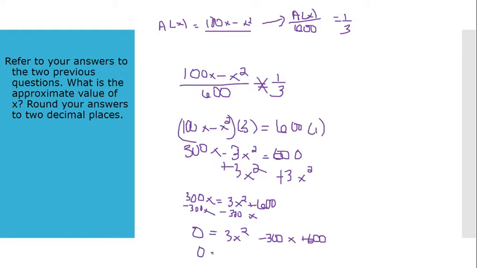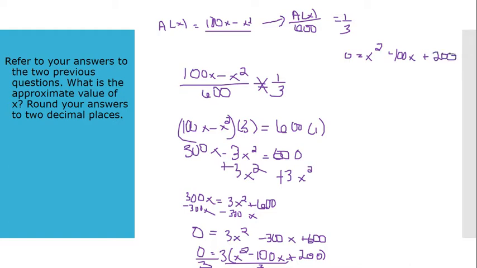My GCF is 3, so I'm going to factor a 3 out. x squared minus 100x plus 600 divided by 3 gives me a 200. So now I can divide by 3 on both sides, and I end up with 0 equals x squared minus 100x plus 200.